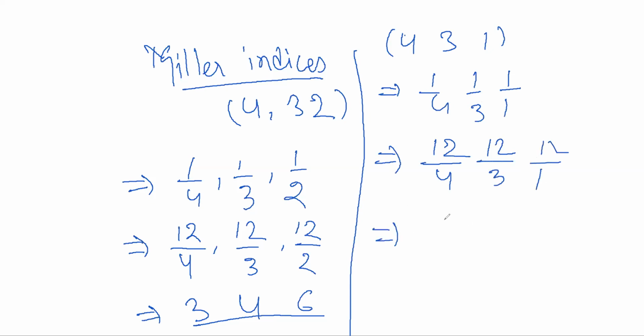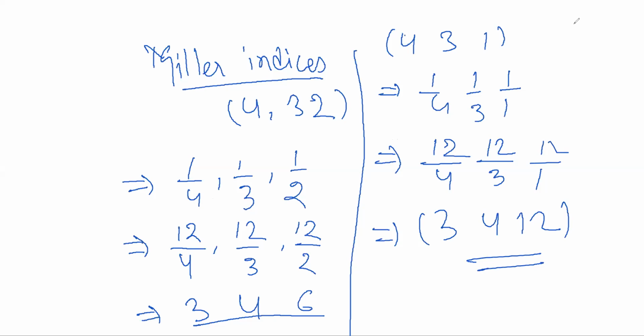The next step, what will be? 3, 4, 12. So like this, you have to calculate the Miller indices. Hope it's clear. So these are the Miller indices.